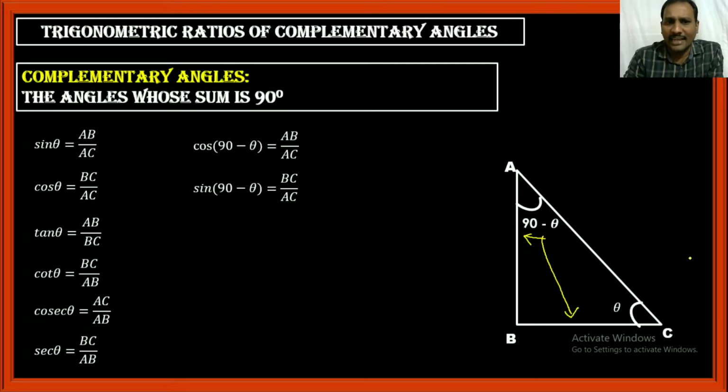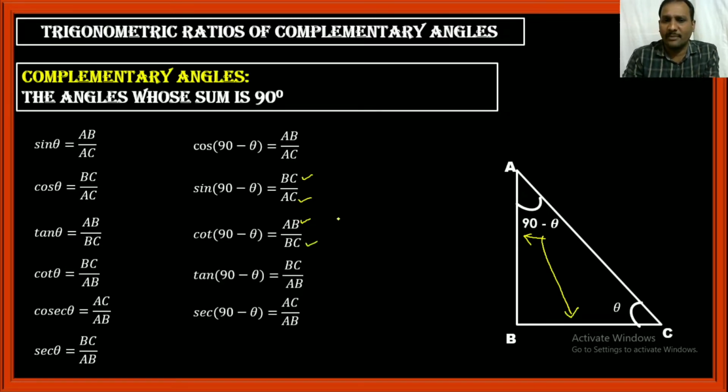Then sine 90 minus theta is opposite side by hypotenuse. Opposite is BC and hypotenuse is AC. Then cot 90 minus theta is adjacent by opposite, that is AB by BC. Similarly, define tan 90 minus theta, secant 90 minus theta and cosecant 90 minus theta.